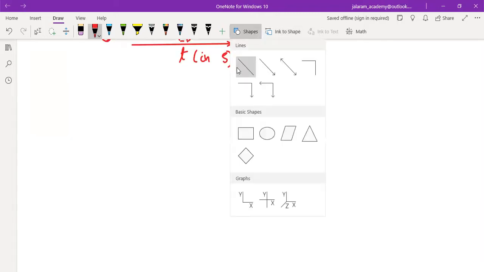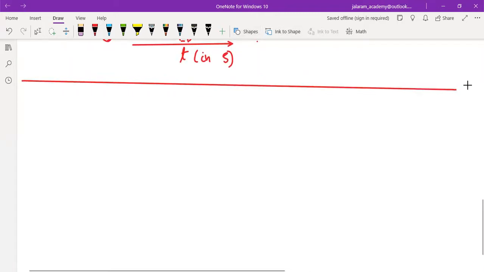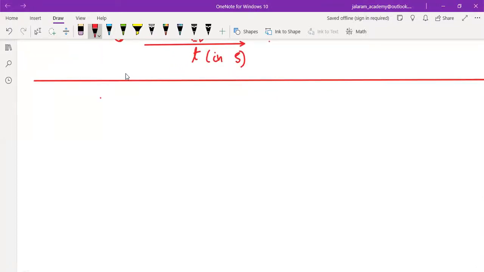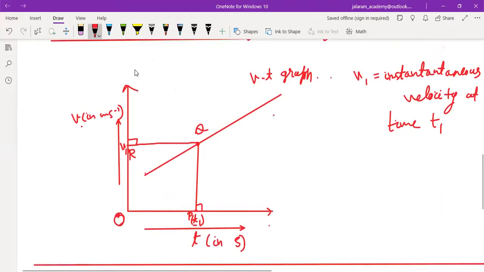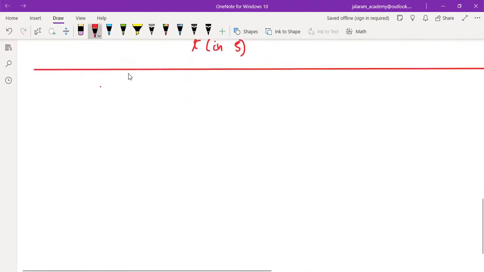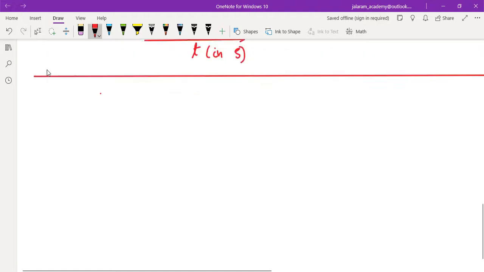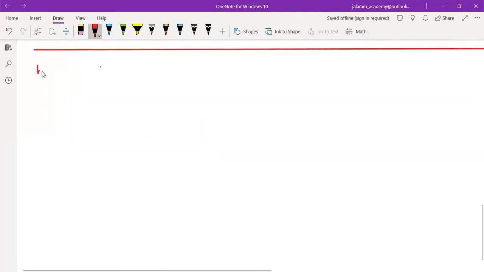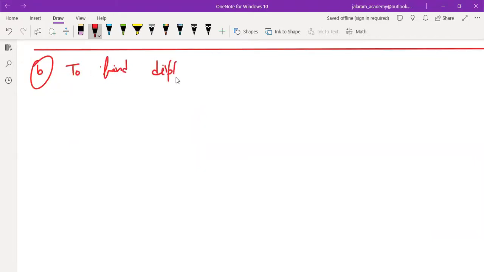So let's now discuss the second condition, how to find displacement using velocity time graph. We have obtained displacement using displacement time graph, velocity using displacement time graph. Now we have discussed the velocity using velocity time graph as it is the easiest. And the second thing which we want to find, write this as A and this as B. To find displacement using velocity time graph.